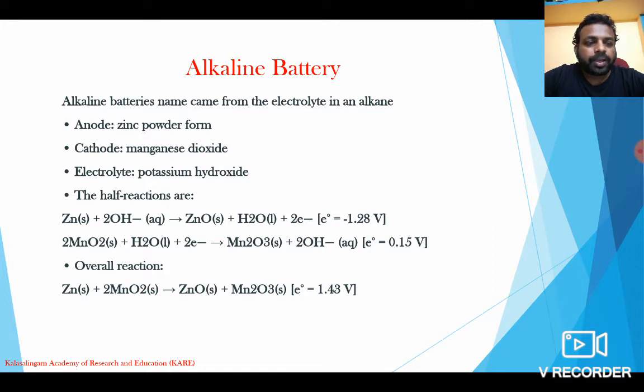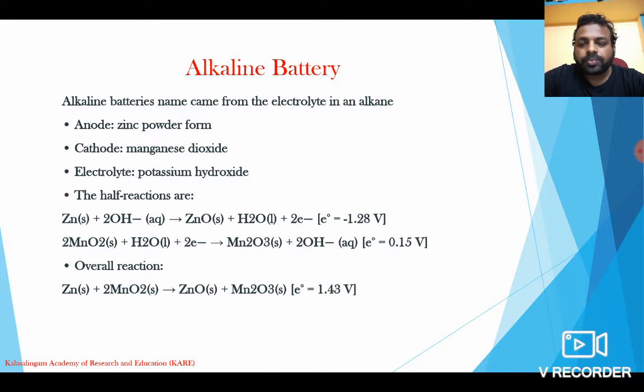During the reaction, the zinc is converted into zinc oxide, and manganese dioxide is converted into dimanganese trioxide. Here we have the chemical equations.